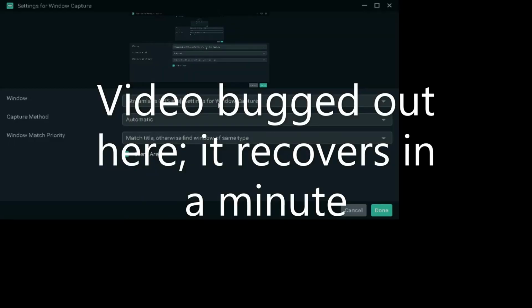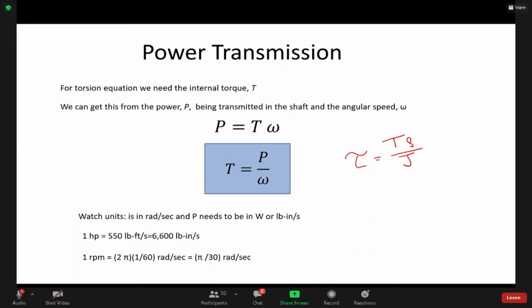If you remember when we were doing torsion, the objective is to figure out the stress, which is the torque times the radius over this geometric factor J. A lot of times you'll see problems where, instead of giving you the torque, T, they give you the power, P, and the angular speed, usually given as an angular frequency, omega.